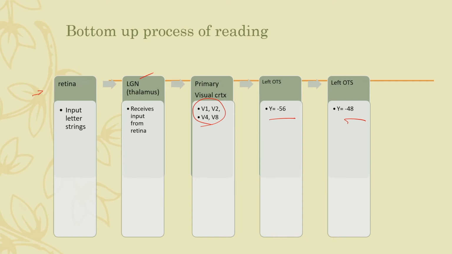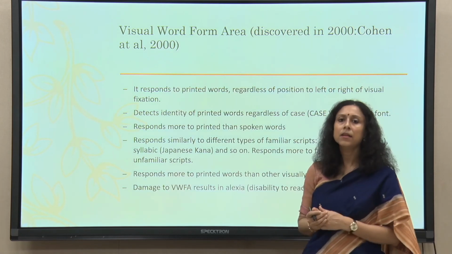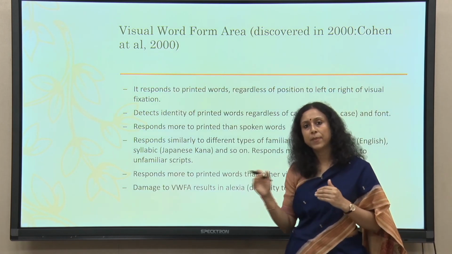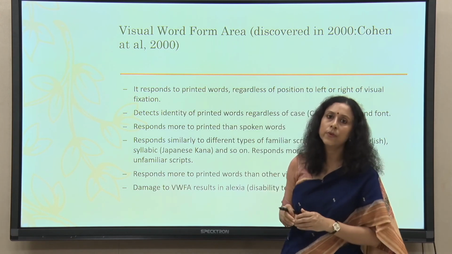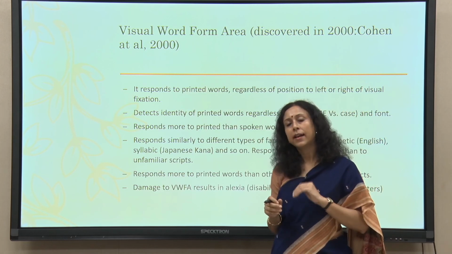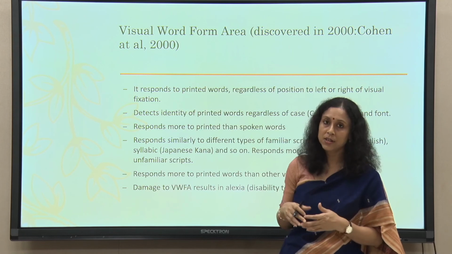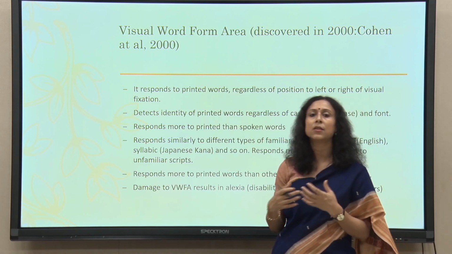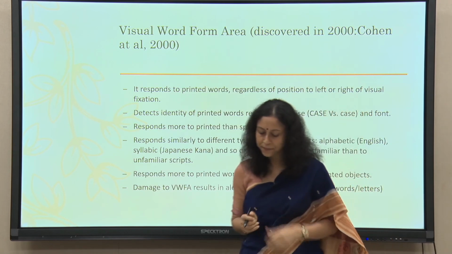These are the names given, and then finally the processing happens. So, basically there are various brain regions, various neural domains through which the signal goes and gets processed at every level, and ultimately we read. Finally, recognition and understanding the word meaning and everything happens through various stages.